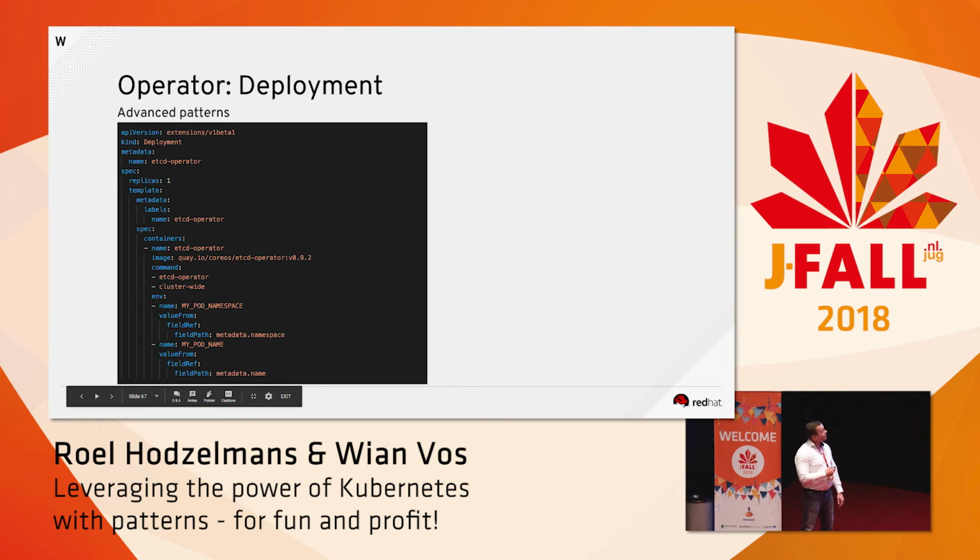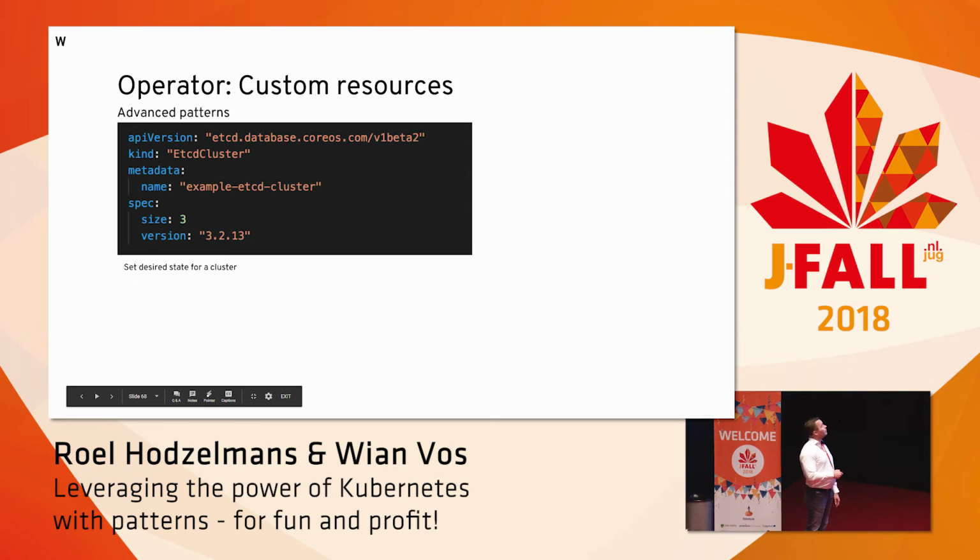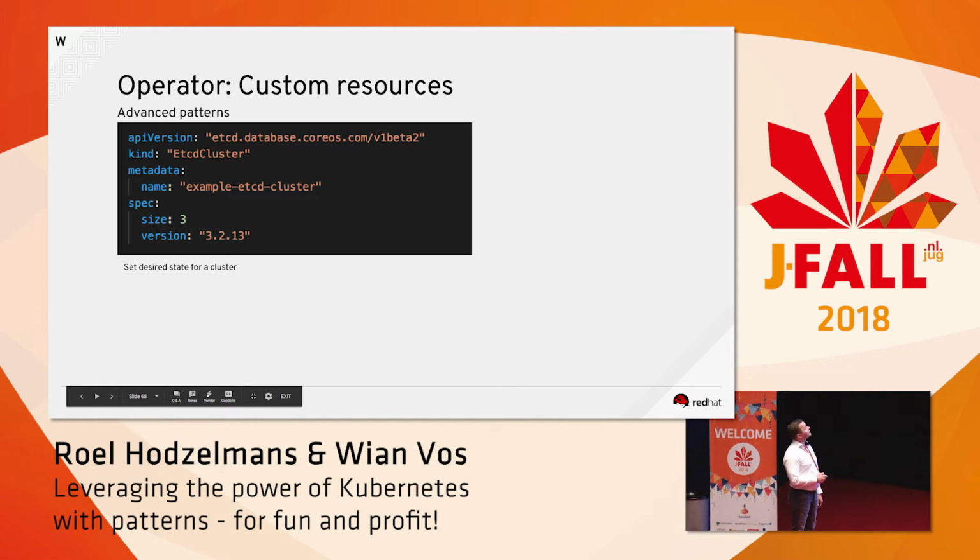But some funny stuff you can then do once you have that operator in the ecosystem is, all right, API version. Hey, that's different. All of a sudden it says etcd. So this is when you deploy the etcd operator. You can use this part of the Kubernetes API, which has magically appeared because the operator is there. And you can deploy something of the kind etcd cluster.